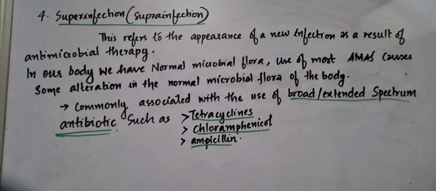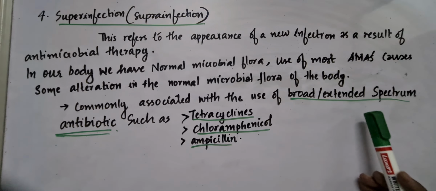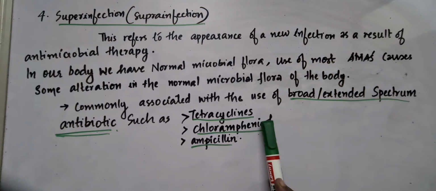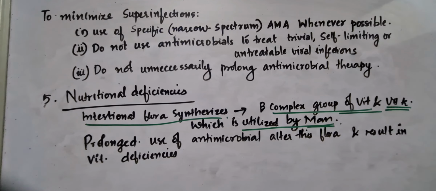So let's see some examples. Examples of drugs that cause superinfections are broad or extended spectrum antibiotics such as tetracyclines, chloramphenicol and ampicillin. Next, let us see what measures we can take to minimize superinfections.